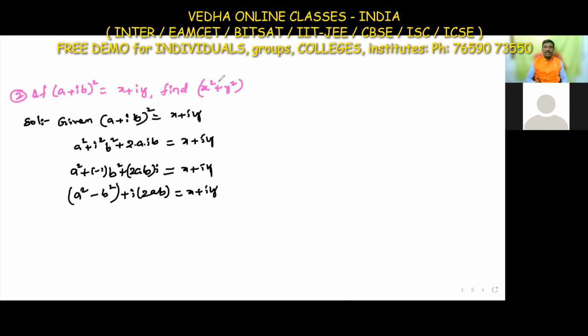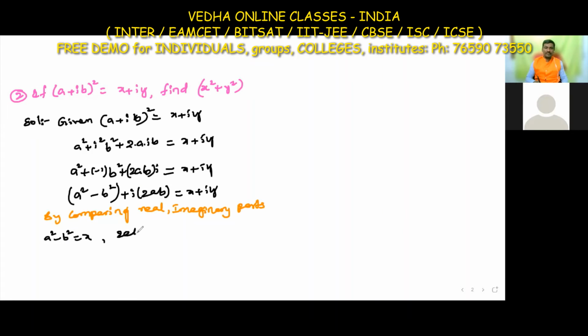Now by comparing real and imaginary parts, what is the real part here? a square minus b square is equal to x, and y is nothing but 2ab.